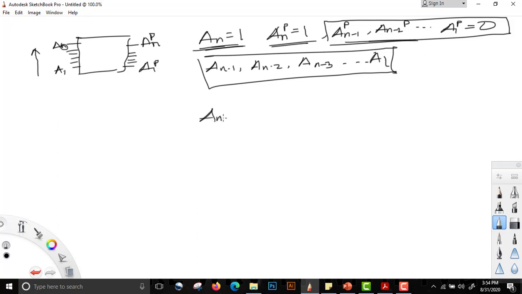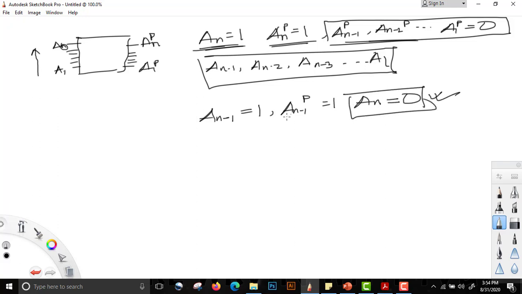Now if AN minus 1 is equal to 1, then AN minus 1P would be equal to 1, but in that case AN has to be equal to 0. If AN is equal to 0, then AN minus 1P would be 1, with AN minus 1 being 1. This is because AN has a higher priority than AN minus 1.